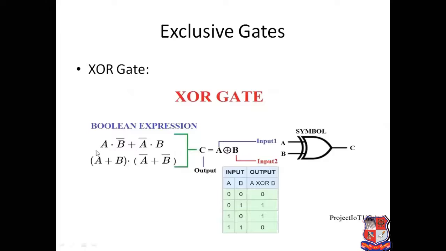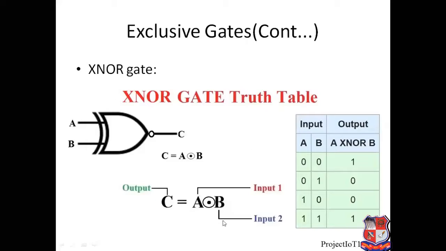Okay, so here for the XOR gate, you can see in the symbol of the XOR gate that there is an extra path compared to the OR gate. So here is the Boolean expression of the XOR gate: C is equal to A XORed with B, where A is my input 1 and B is my input 2.